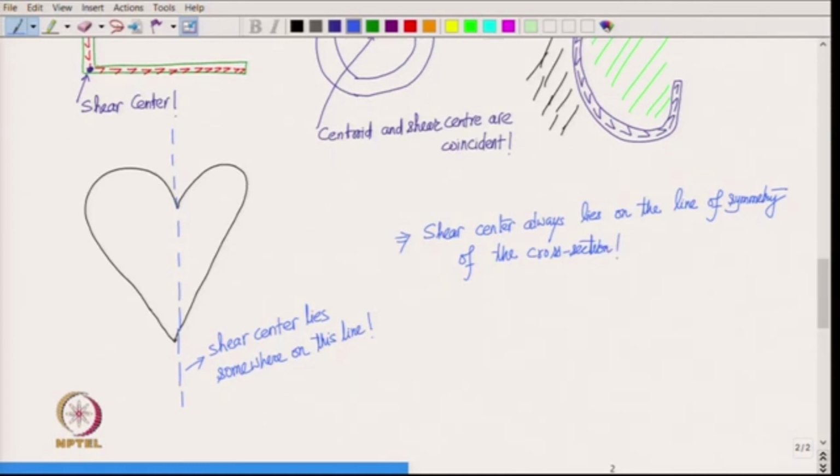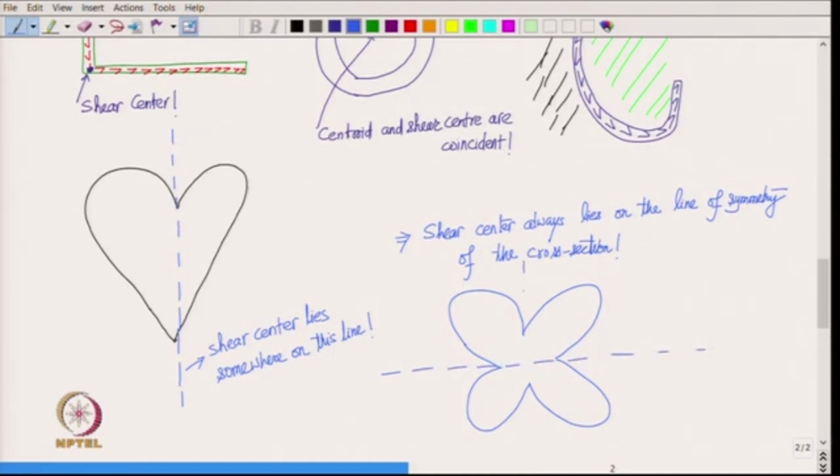Okay. You know, if you have a cross section which has got two lines of symmetry, then since shear center has to lie on both the lines, then the only point possible is the intersection of those two lines. Okay. For example, a cross section like this, it has got actually more than two lines of symmetry.